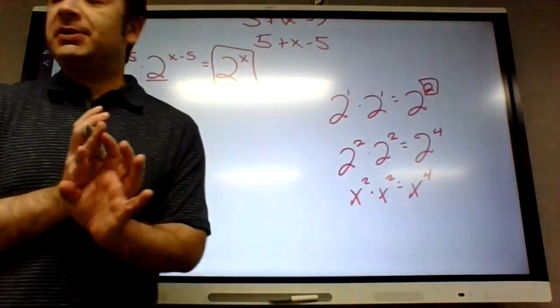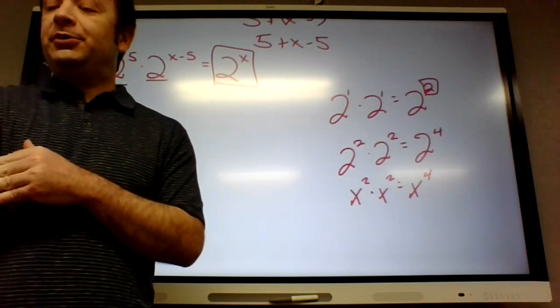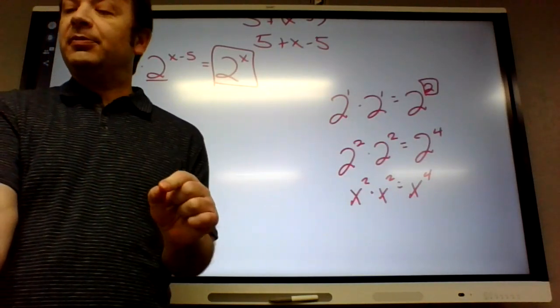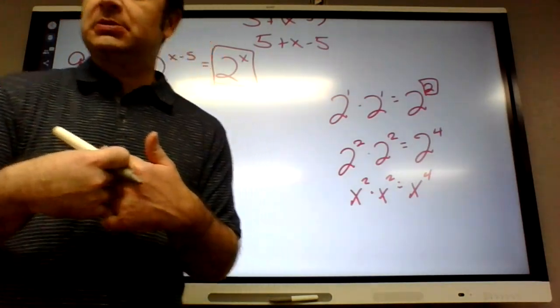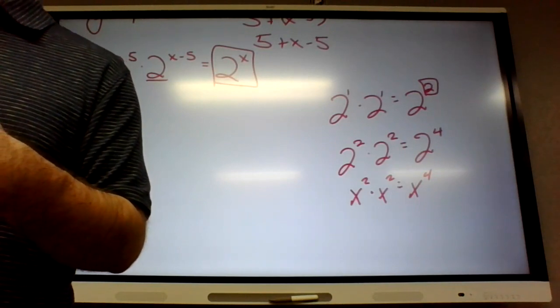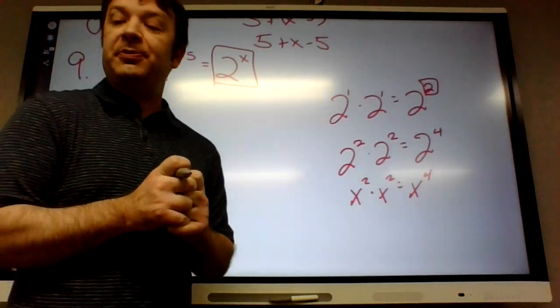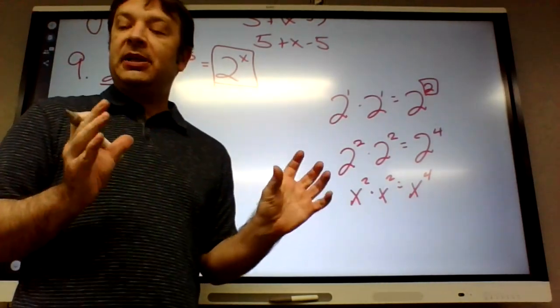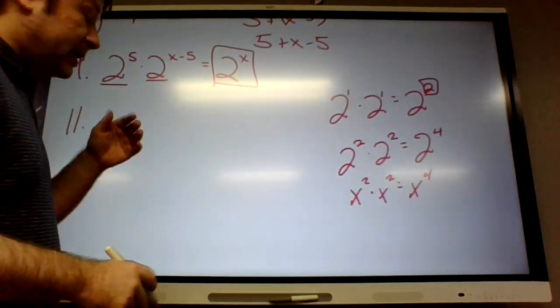If any of the terms are like terms after you get done simplifying each term, you add those together, or subtract, I guess, in this case. So simplify each of those three terms. If they're like terms, they can be added together. All right, number 11.